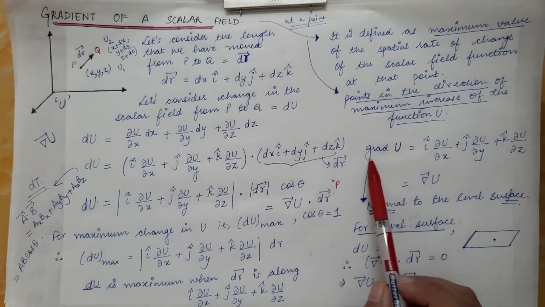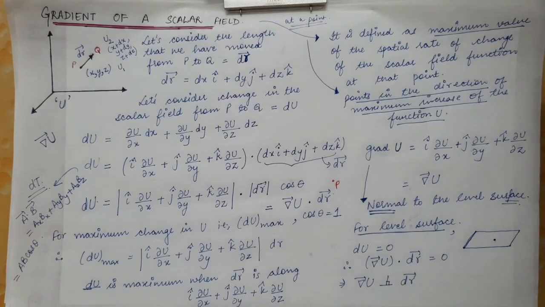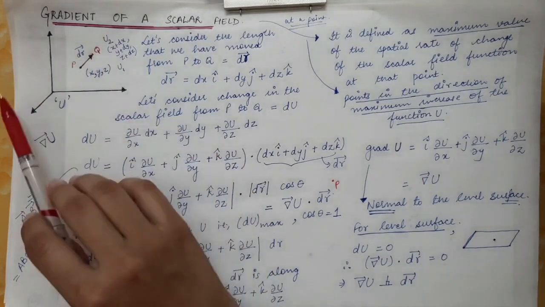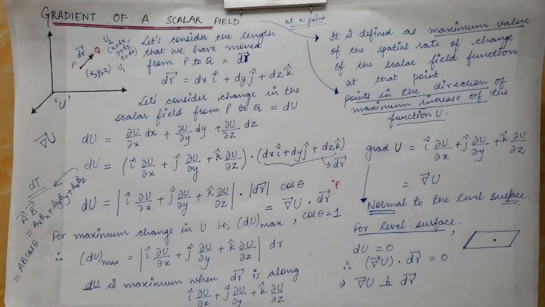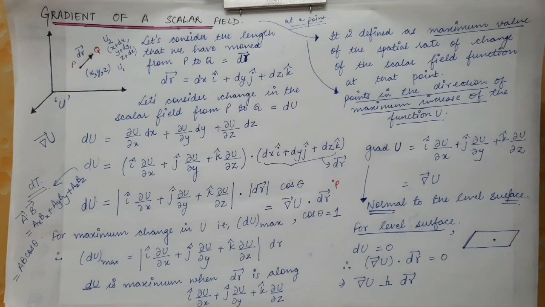Now what is the direction of the gradient of u for the case of a level surface? What are level surfaces? Let's say you have some scalar field distributed in space. For example, the equipotential surfaces. Potential is a scalar quantity. The equipotential surfaces are those surfaces over which the potential remains constant.